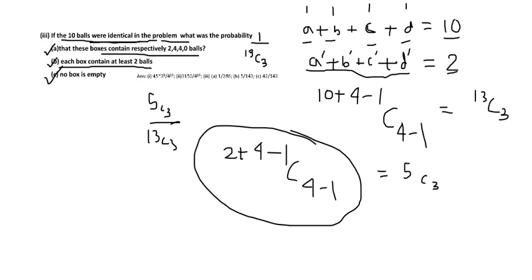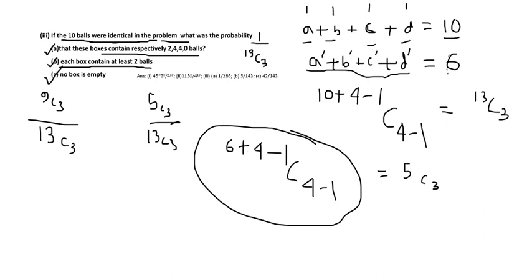If you do that, then A prime plus B prime plus C prime plus D prime will be 10 minus 4, that is 6. Right? So what will be the favorable cases? The favorable cases are going to be 6 plus 4 minus 1, C 4 minus 1. So the answer for the last part of the problem is 9C3 divided by the total number of outcomes, which is 13C3.